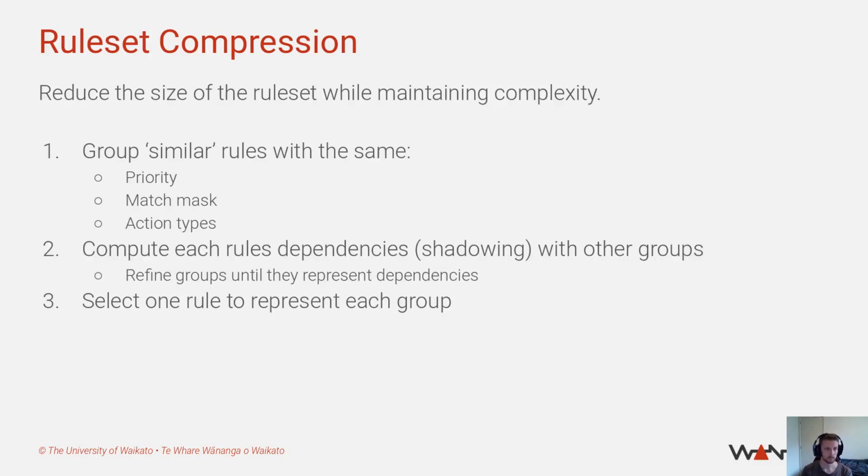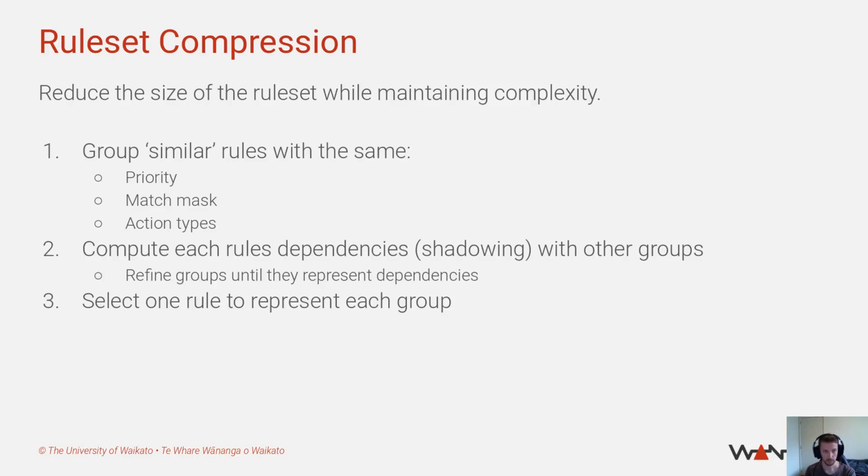We then created a novel technique we've named rule set compression to try and group similar rules together and solve the problem for just one of those similar rules. These similar rules will come from, like, a host being learnt, and we expect these rules to be installed with the same priority, the same match mask, though maybe a different value of that match, and the same actions.